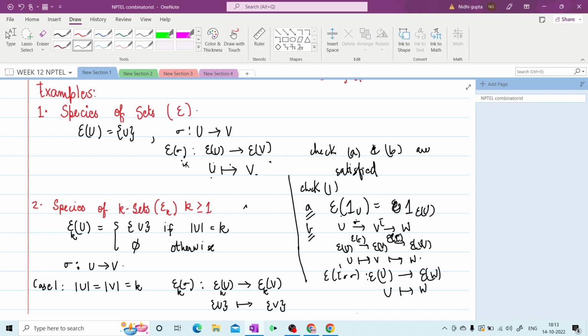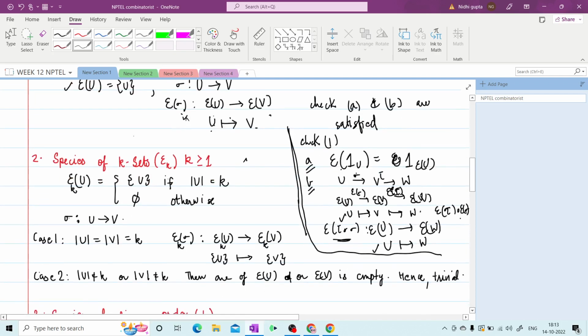So this function and this function are the same. So epsilon tau composed with epsilon sigma is the same as this function. So the second property is also satisfied. So we see that this assignment is indeed a species of sets. Now you will check these functorial properties for the rest of the examples.